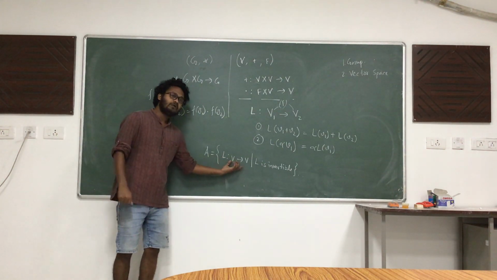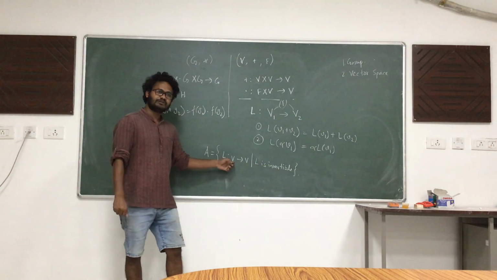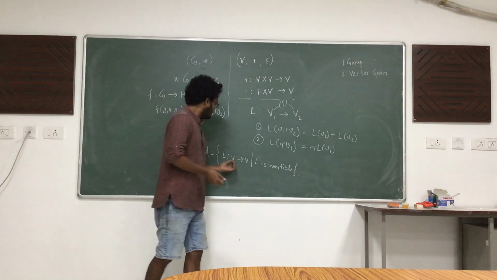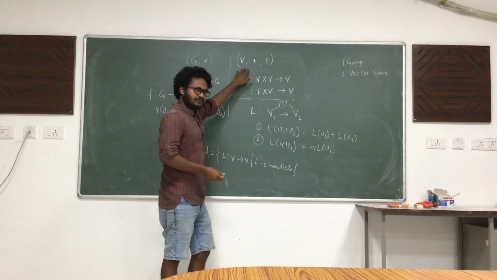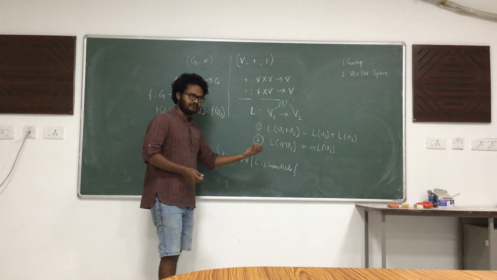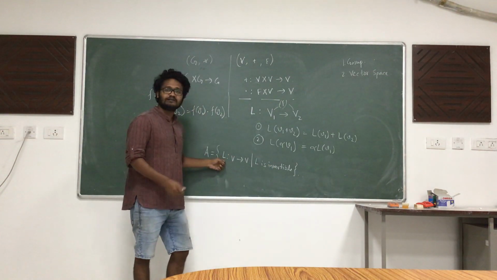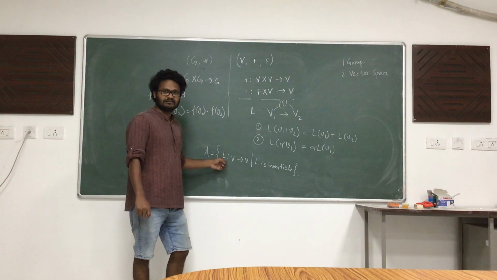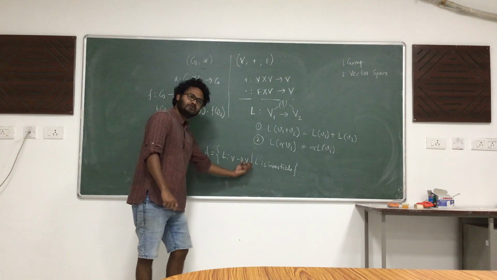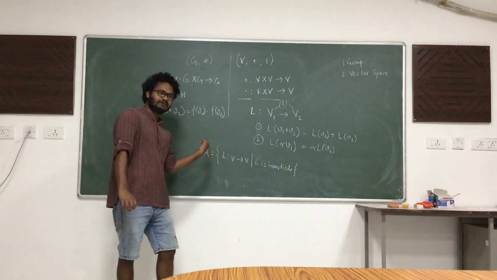We take all the invertible linear transformations from V to V itself. Take a vector space and all possible linear transformations from V to V that are invertible. Invertible means the map is bijective, so this is one to one and onto. Then only can we actually invert the elements.